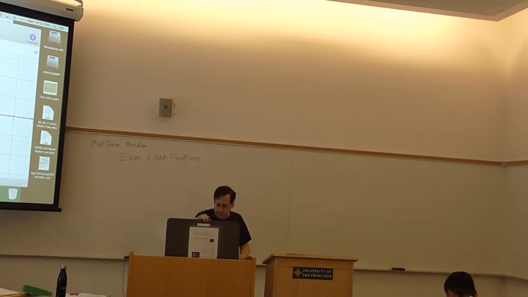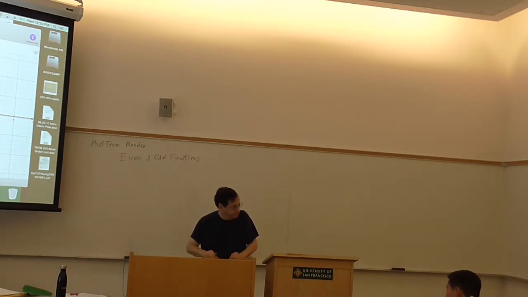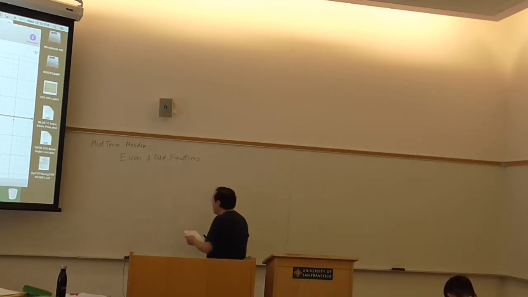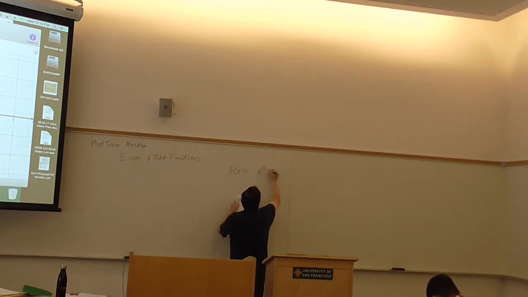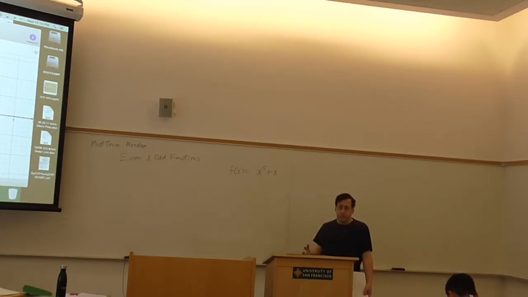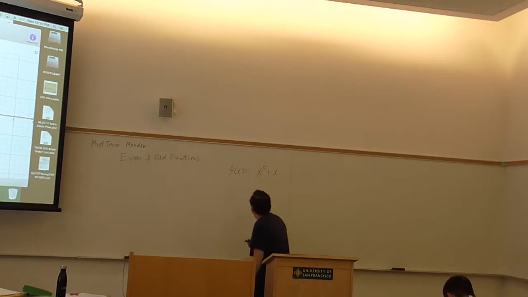All right, let's take a look at an example. Let's take a look at this function. f of x equals x to the fifth plus x. Is this an even or an odd function? Right?